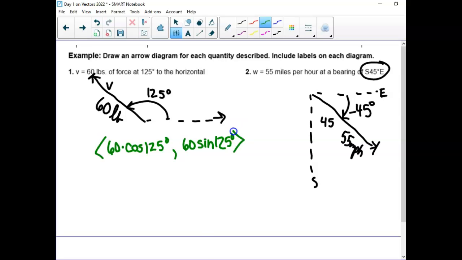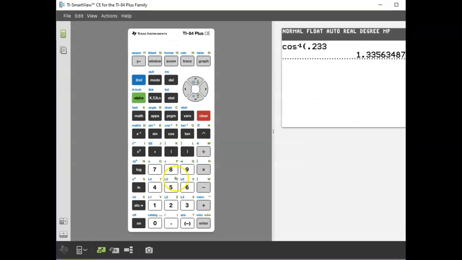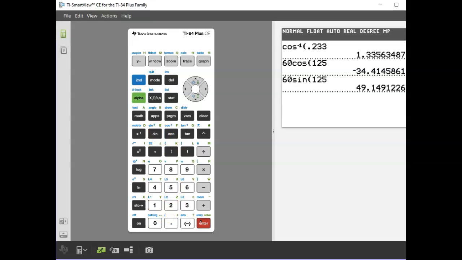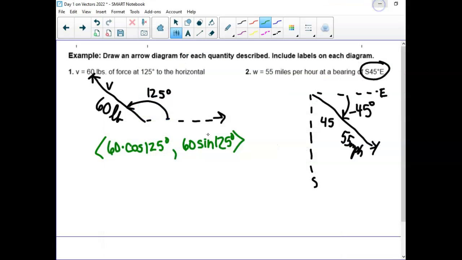Seem pretty easy? 60 cosine 125, as long as we're in degrees, negative 34.4. 60 sine of 125 is 49.1. Negative 34.4 and 49.1.